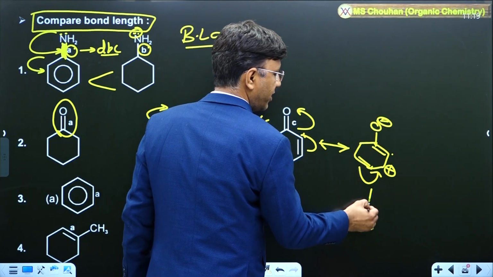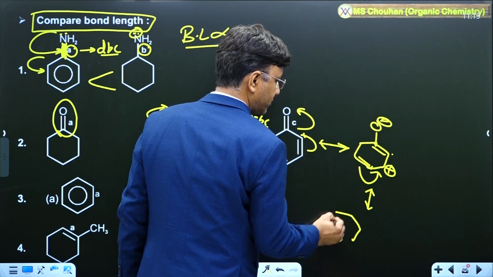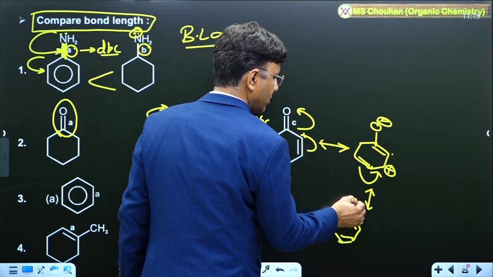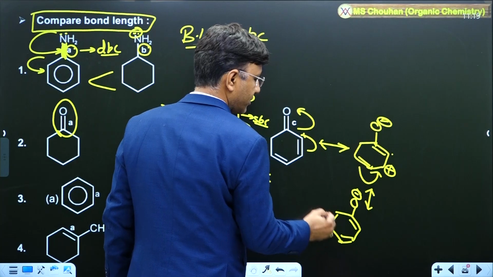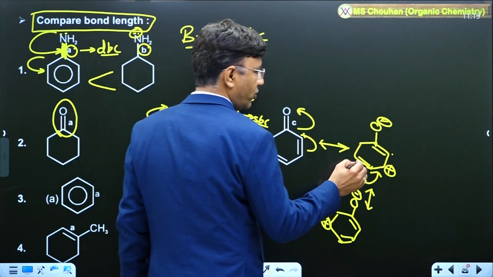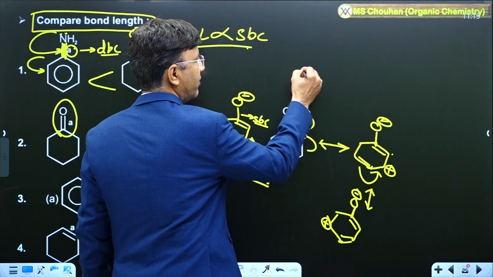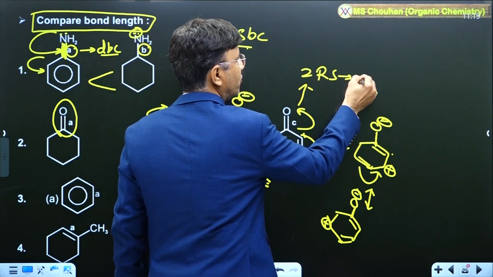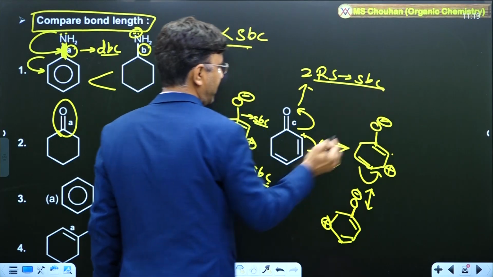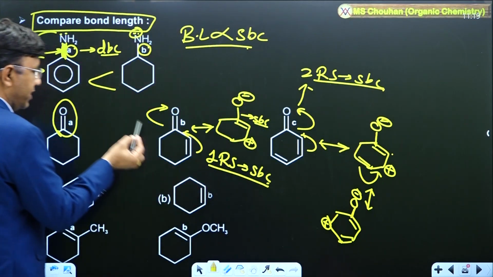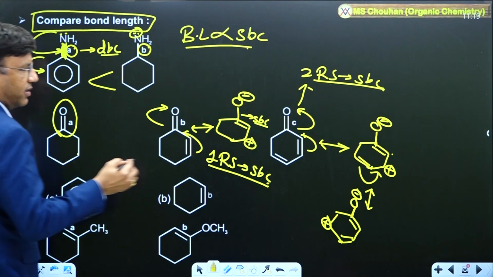Again, this pi bond will undergo resonance. Now, while undergoing resonance, this has single bond character. How many RS have single bond character? Two RS have single bond character. In this, one RS has single bond character, and in A, no RS has single bond character.